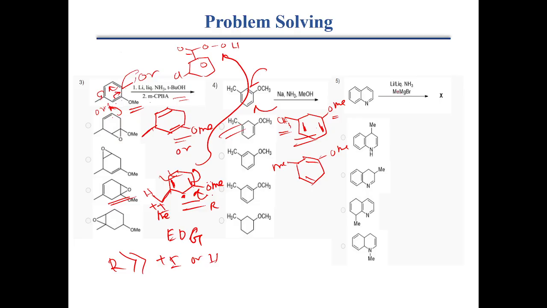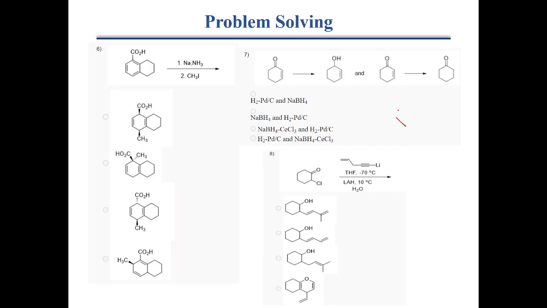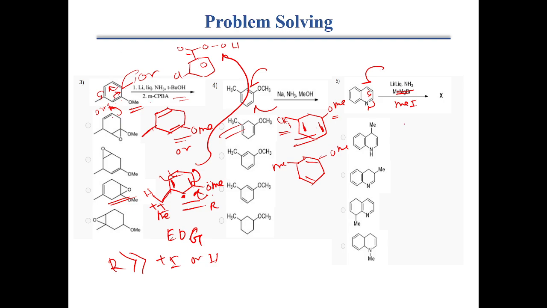Now there is a mistake. It will be methyl iodide or methyl bromide. So under lithium ammonia, the single electron transfer happens. This will go and this will go this way. What happened?